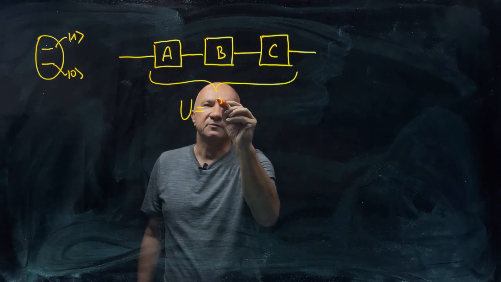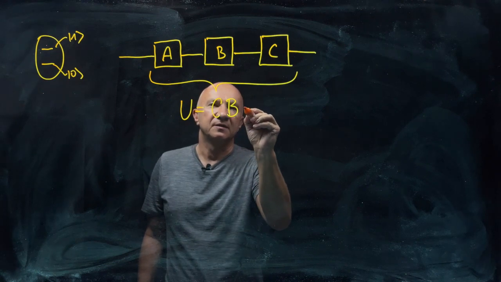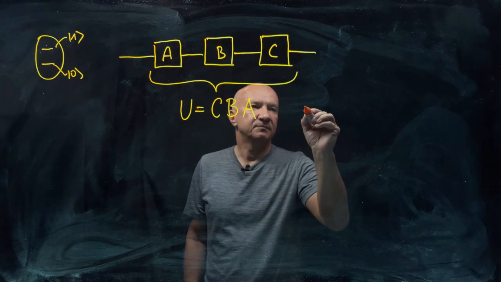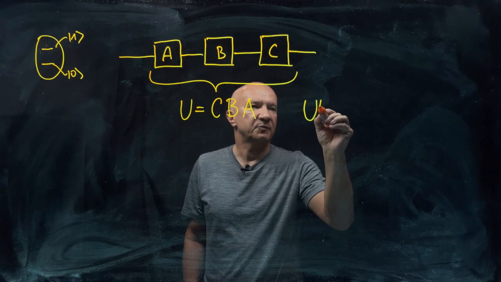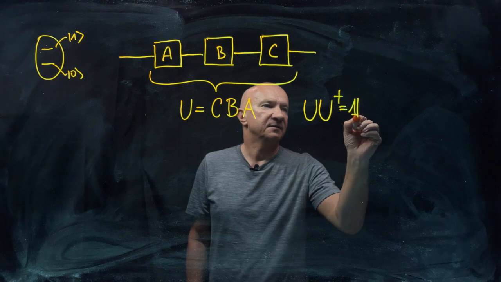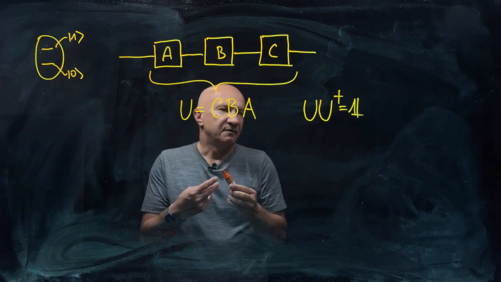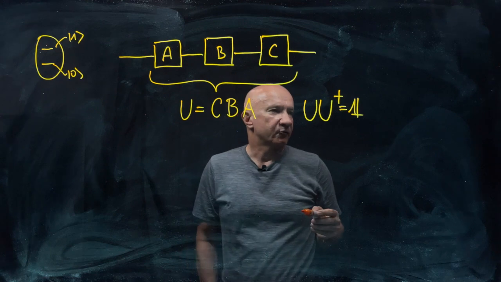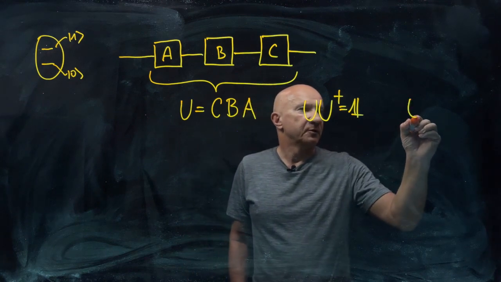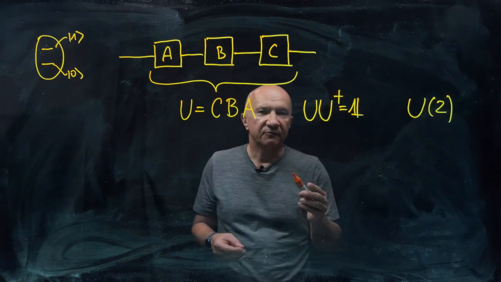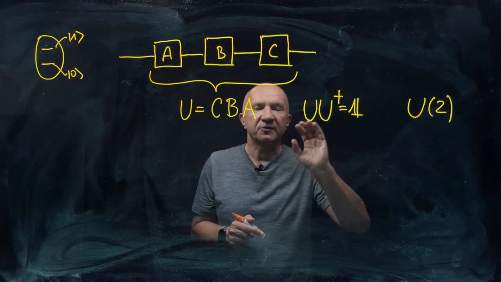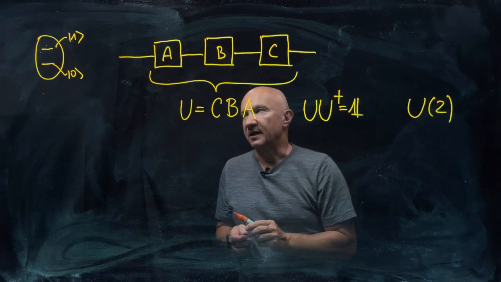So U is equal to C times B times A. The defining property of a unitary matrix is U times U dagger is equal to the identity. They, of course, form a group, and the group operation is just matrix multiplication. We call this group U2: the set of 2 by 2 unitary matrices, with matrix multiplication as the group operation.